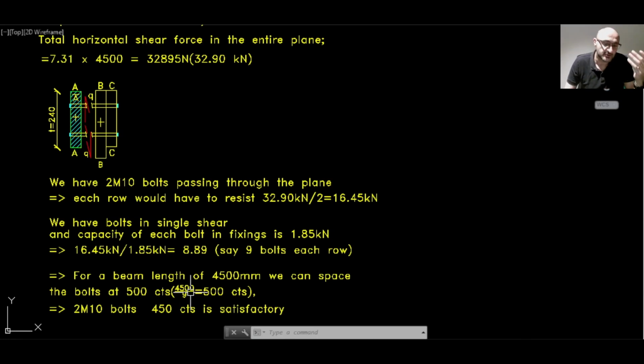If we had used the average value, we could actually space the bolts almost at a meter. However, we will stick to the maximum internal spacing given in the code, which is 2 times the beam depth. If we're using 240, it will be 2 times 240, which is 480. So therefore, 450 centers is satisfactory.